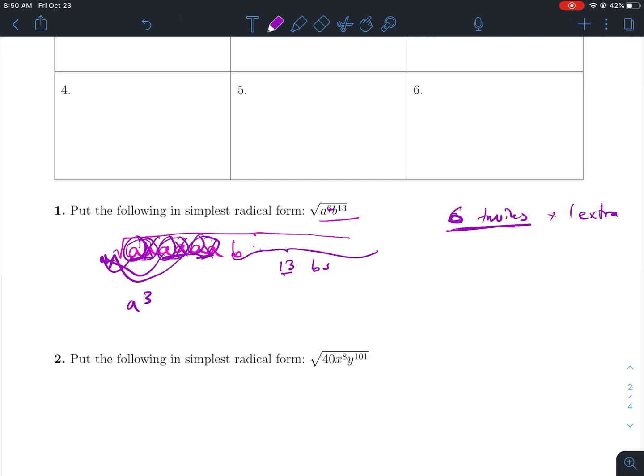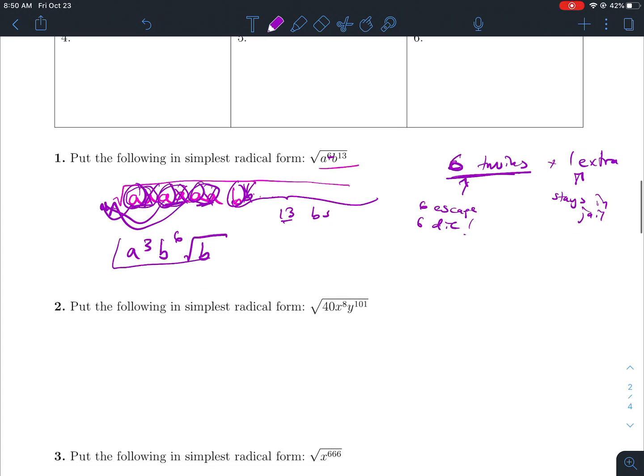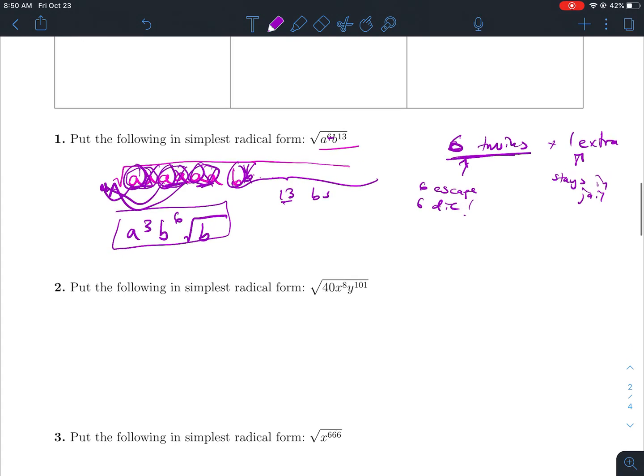So from those 6 groups of twins, I think 6 are going to escape, 6 are going to die, right? Because each twin, 1 escapes, 1 dies. But then that 1 extra, he didn't have a twin to try to escape with, so he stays in jail. So it's kind of awesome to be able to do that without writing the B's out.